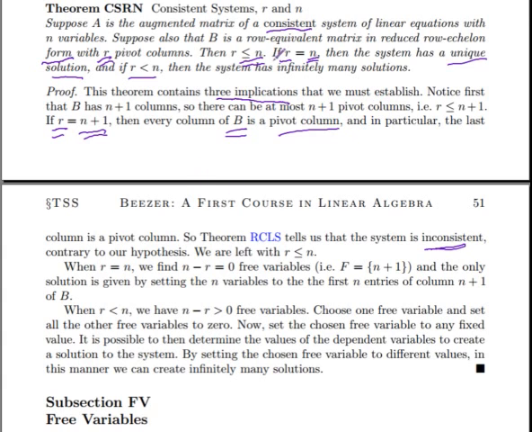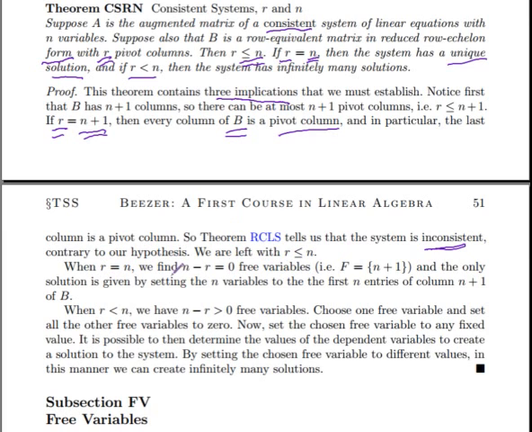Okay, let's go back to the second implication. If r is equal to n, then the system has a unique solution. So let's see if we can show that. Now when r equals n, we have n minus r equals 0 free variables because we've taken up all the columns with pivot columns. There are no columns left to be free columns.